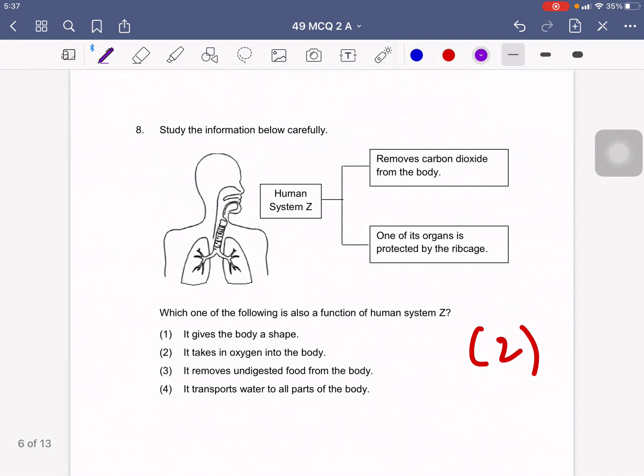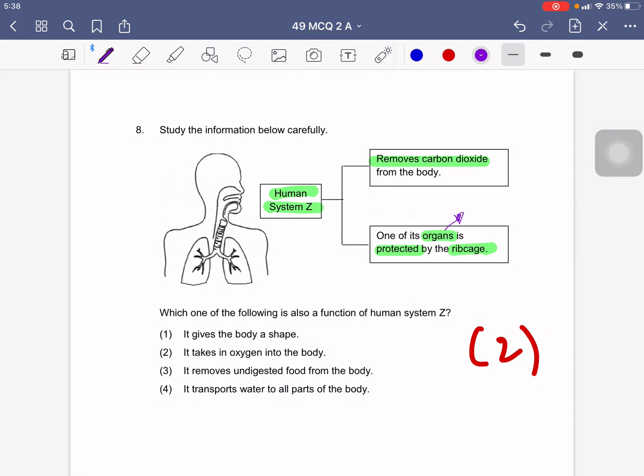Okay, now number 8. Now study the information below. So you have the human system Z. They remove carbon dioxide from the body, and one of its organs is protected by the rib cage. Now they didn't say the organ is the rib cage, but they say the organ is protected.